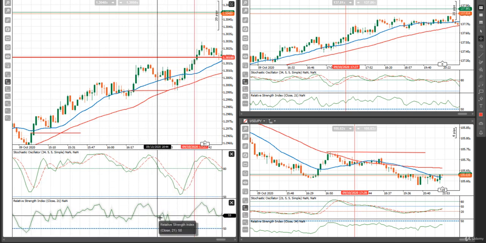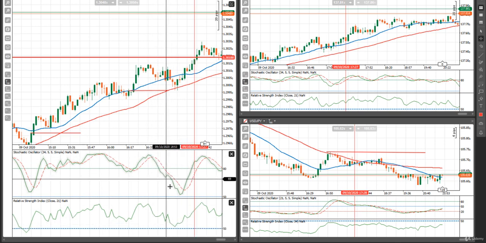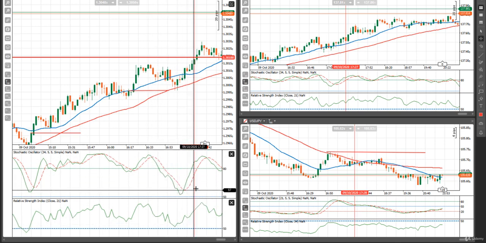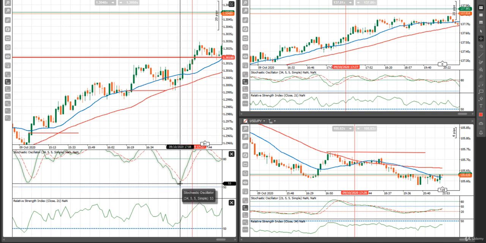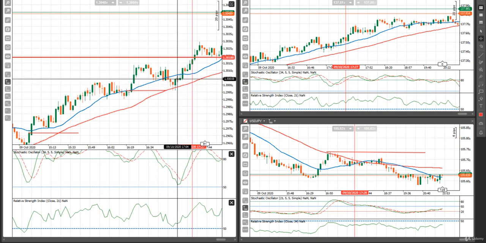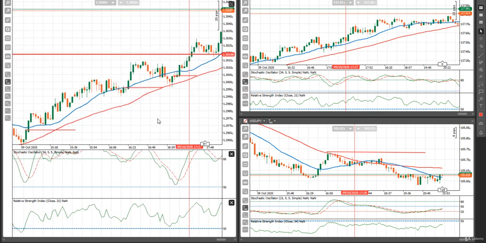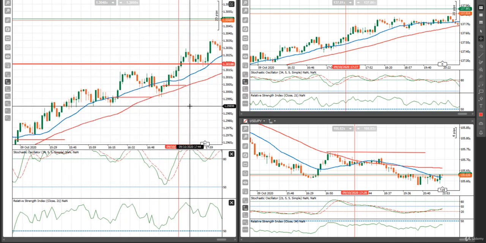The RSI did a pullback to the 15 zone of RSI. The stochastic also signaled us a swing low, and it reached the 15 zone of stochastic also. Here we have a hammer and a bullish candlestick, so at the close of this candle, we can open another trade, okay? So the market here is still progressing up.